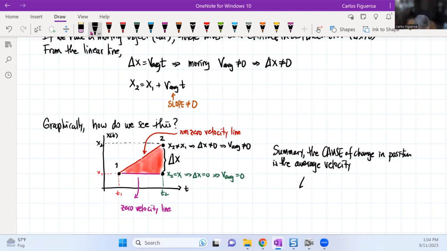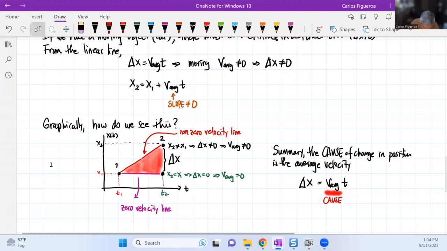What I mean by that is that delta x is equal to v average times t. You can see that this right here is the cause. That's what causes the change.